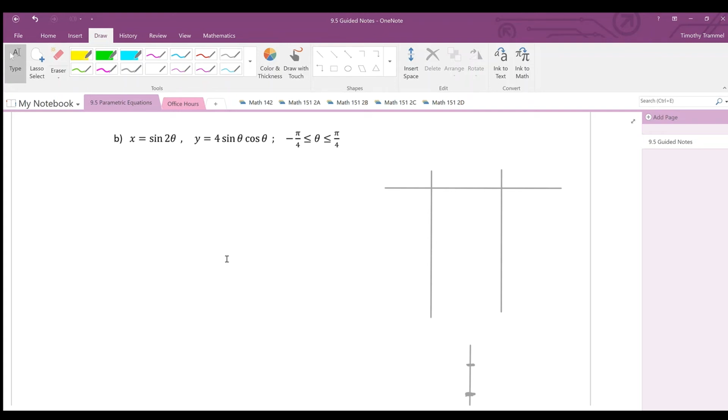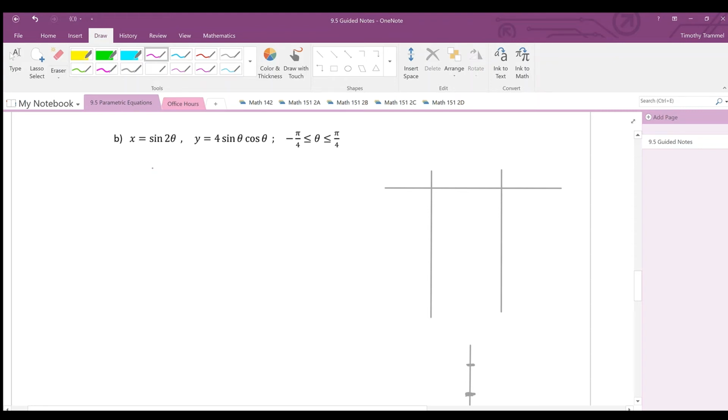We have another set of parametric equations here that we want to figure out what its graph looks like. And here are our restricted values for the parameter. Here the parameter has changed from t, it is now theta. Again, we have two strategies so far.